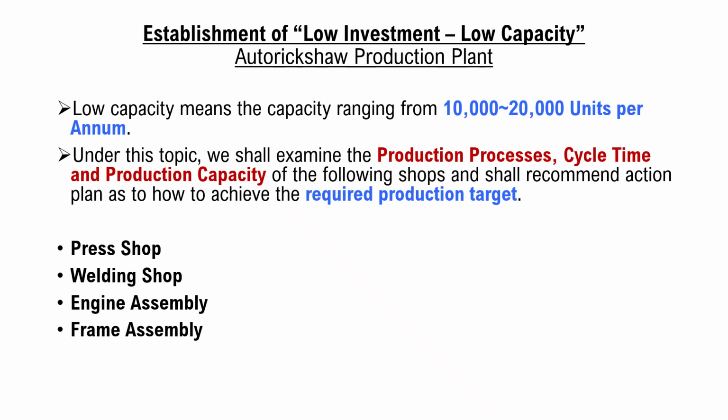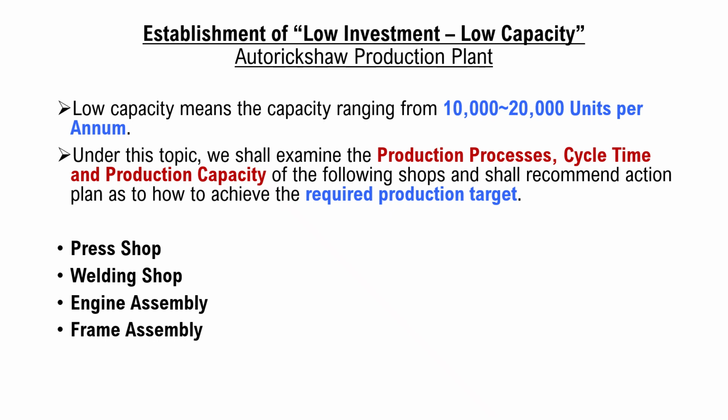Our discussion will be focused on establishment of a low investment, low capacity auto rickshaw production plant. By low capacity, we mean capacity ranging from 10,000 units to 20,000 units per annum.